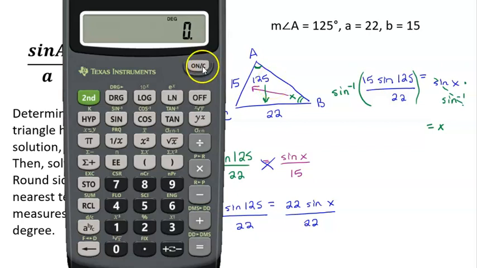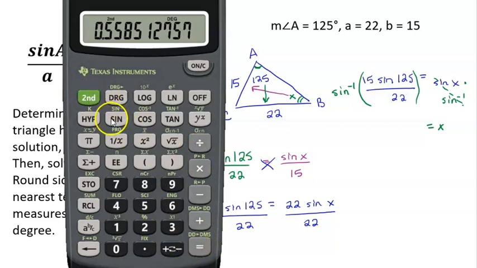All right, so we cleared out. We have 15 times 125 sine, and then if you want to press equals, divided by 22. That gives us what's inside the parentheses.